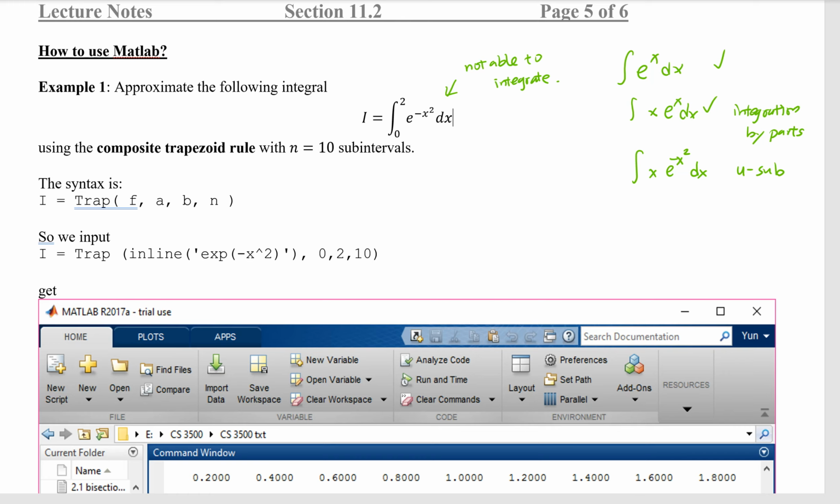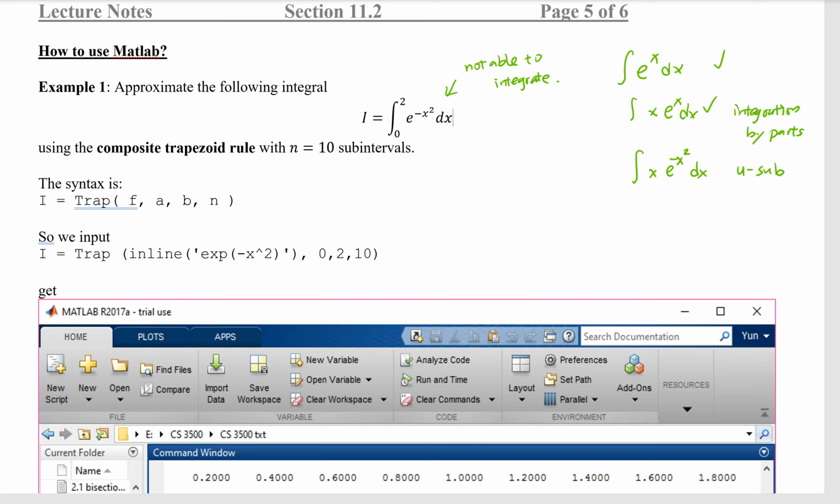So first, let's use the composite trapezoid rule with n equals 10 subintervals. The syntax is I equals trapezoid, and then f is the function, the integrand, a is the left endpoint of the interval, b is the right endpoint of the interval, and n is the number of subintervals.